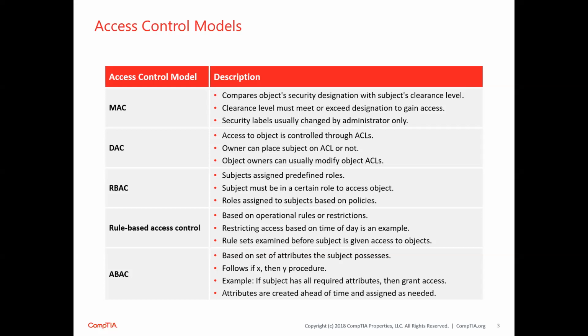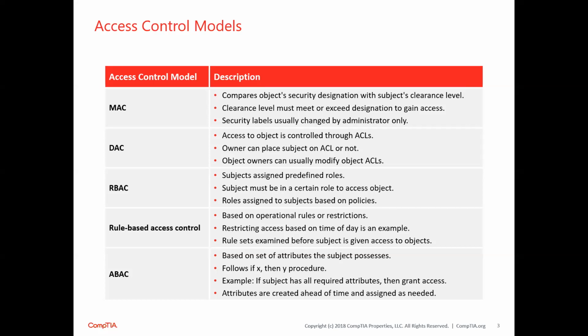And normally each asset will have what they call a security label, usually changed by the administrator only. So imagine you need to access a top secret file or document while you yourself only have a clearance level of, let's say, confidential or secret.